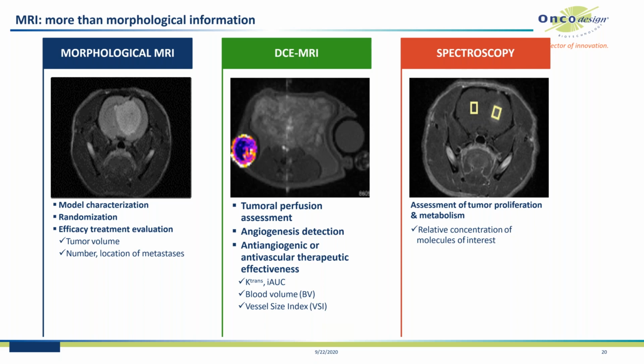As I explained at the beginning, we can have different contrasts in images, and we can also do functional imaging like DCE MRI that will follow the contrast agent arriving into the tumor, and we can then do an assessment of tumoral perfusion.